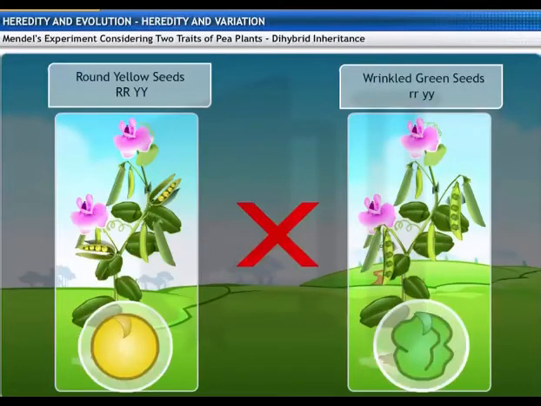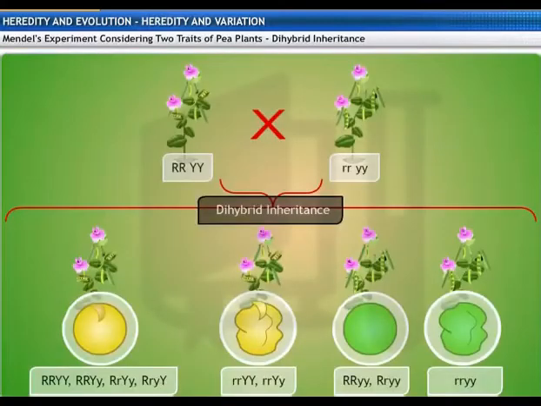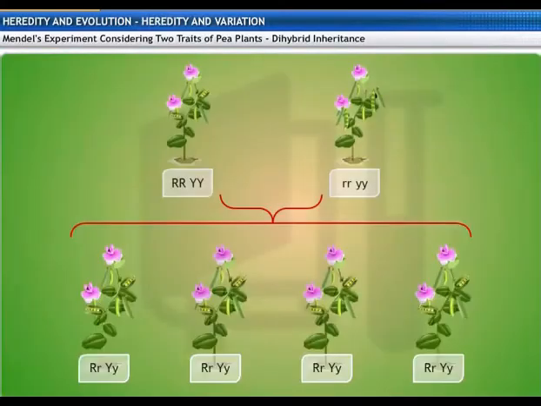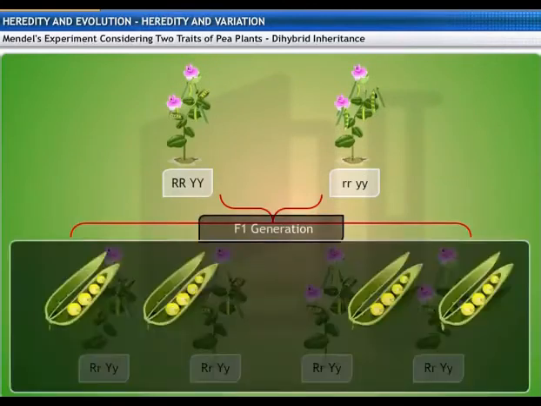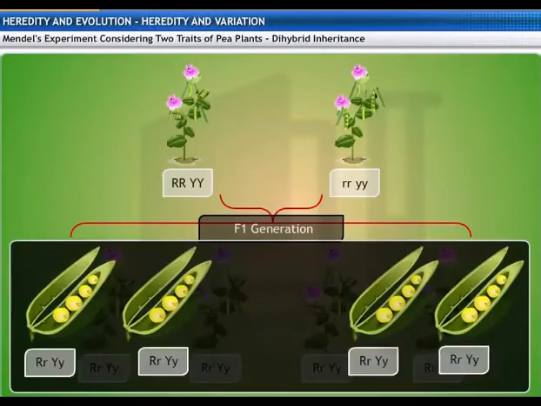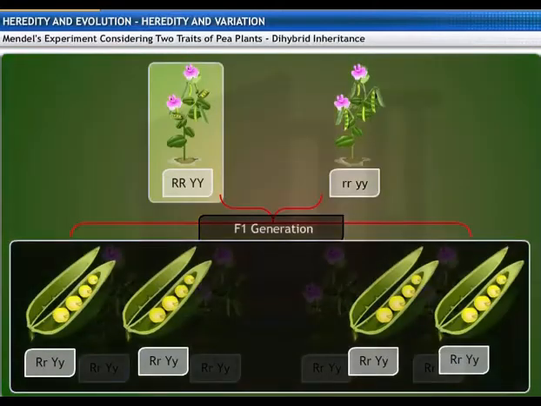The inheritance of two such characters is known as dihybrid inheritance. The entire F1 progeny produces round and yellow seeds, Rr and Yy. In such a case, round and yellow seeds would be the dominant traits.